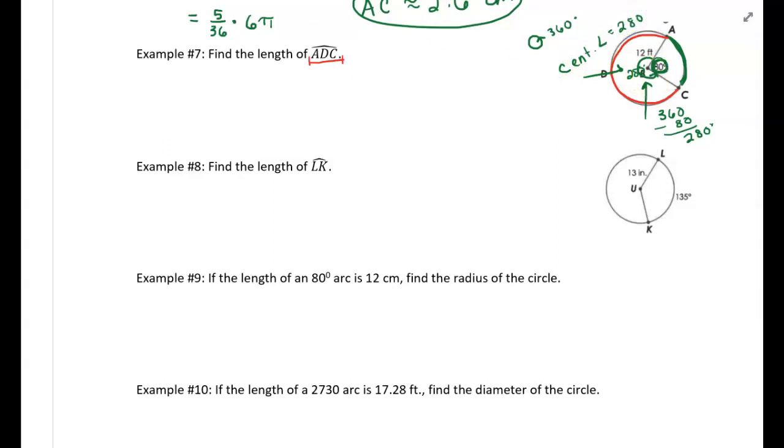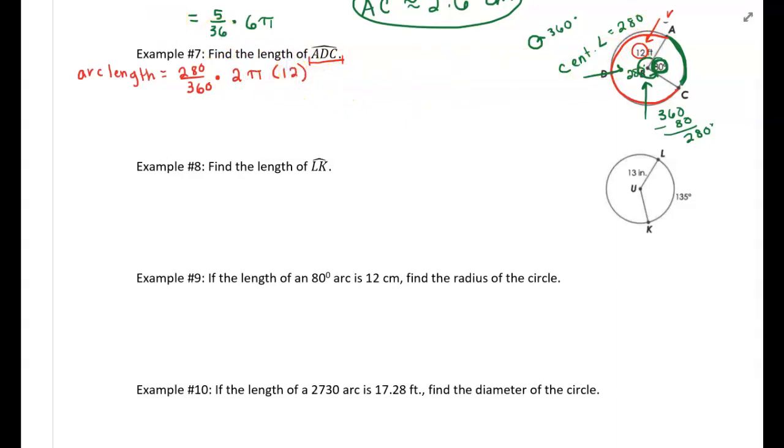And then I do have that my radius is 12. So if I do my arc length formula, I know it's central angle over 360, which is 280 over 360. I'm going to multiply that by the circumference, which is 2 pi r, and my radius is 12.